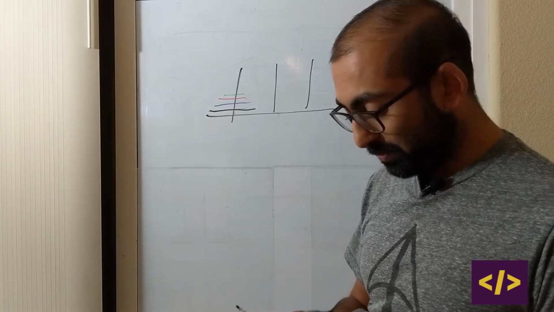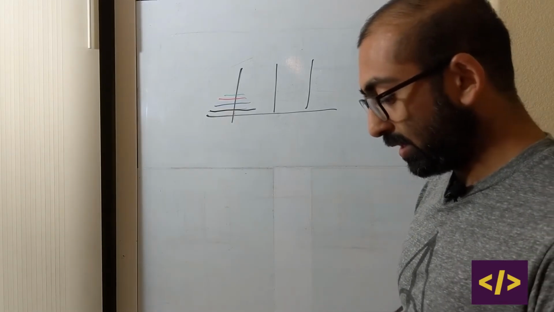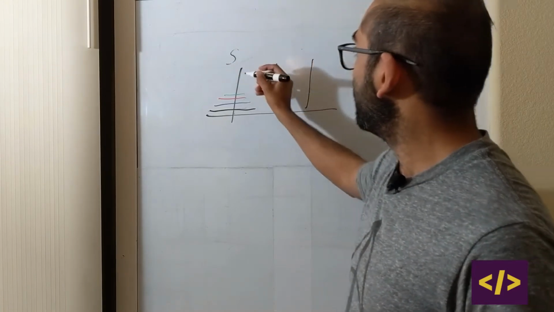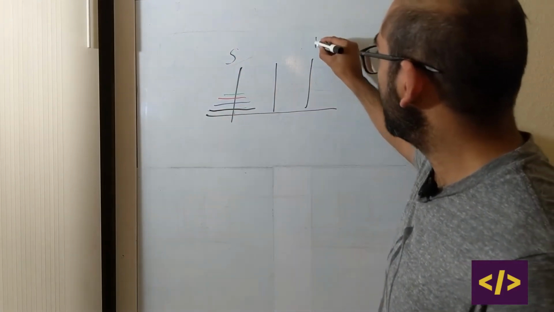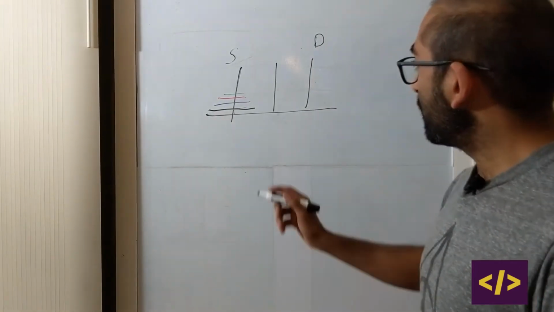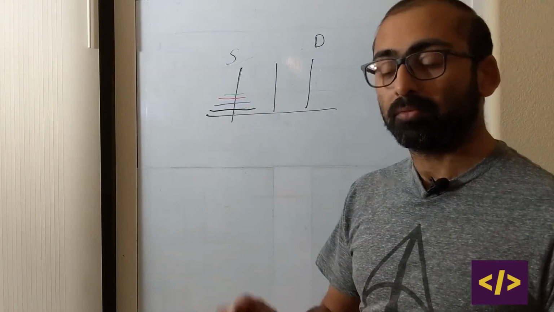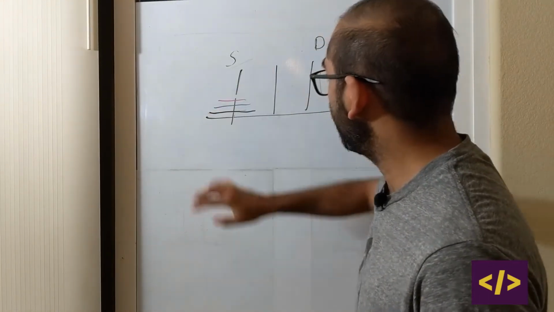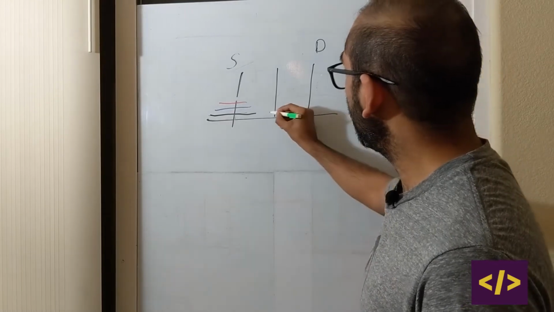Now, the whole idea is that you have to go from your source, which is here, and move all of these plates to the destination. The problem is that you cannot put a plate which is heavier on top of a lighter plate. So for example, you remove this one from here and put it here.